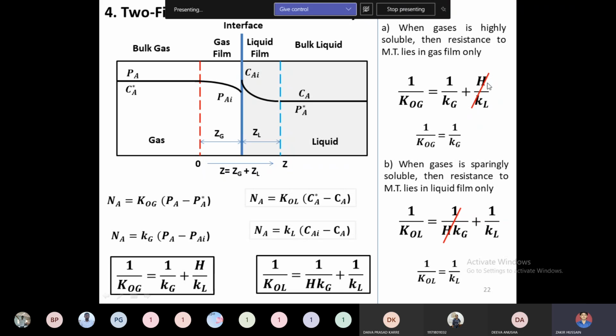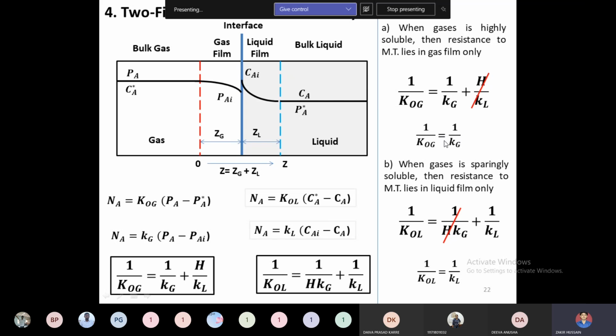So we can cancel out the resistance offered by the liquid, because a large part of the resistance will be in the gas film only. So the overall gas phase mass transfer coefficient is nothing but the individual gas phase coefficient: 1 by KOG is equal to 1 by kg.